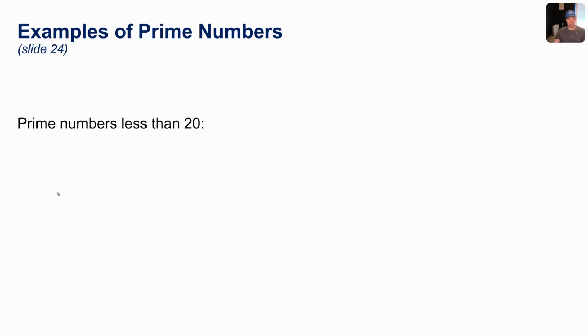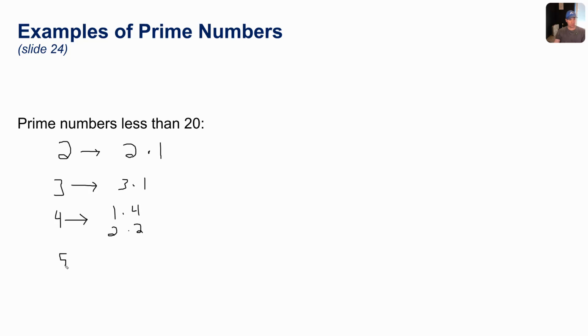Prime numbers less than 20 include 2, because 2 times 1 is the only factors of 2. We have 3, again, only 3 times 1. Now if I look at 4, 4 is not a prime number because you could do 1 times 4 and you can do 2 times 2, right? So this is a composite number, in other words.